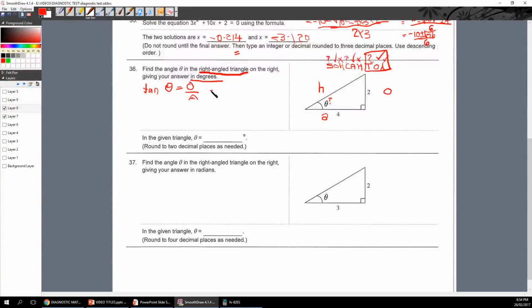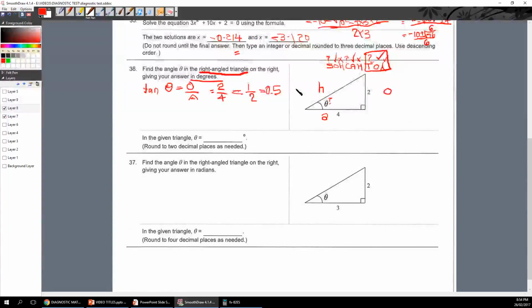And in this case, the opposite equals 2 and the adjacent equals 4. And 2 divided by 4 is 1/2, or 0.5. Now that's tan theta.